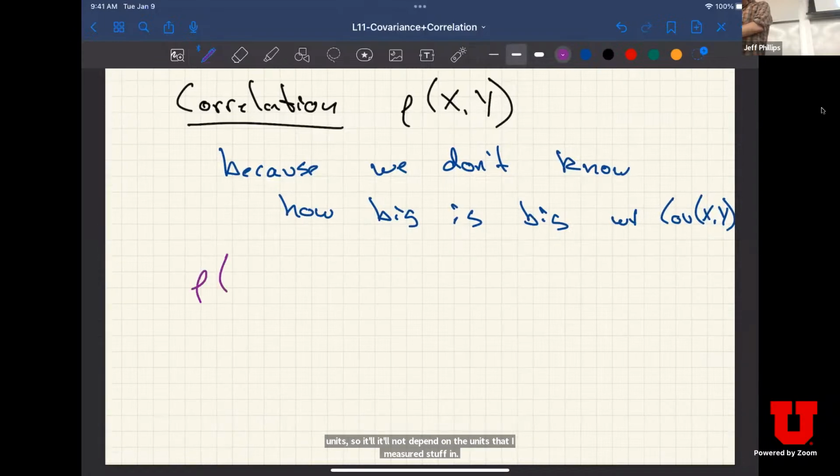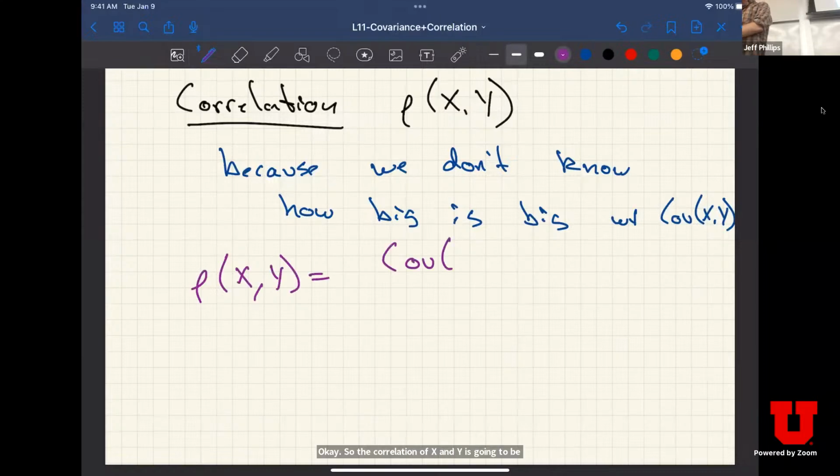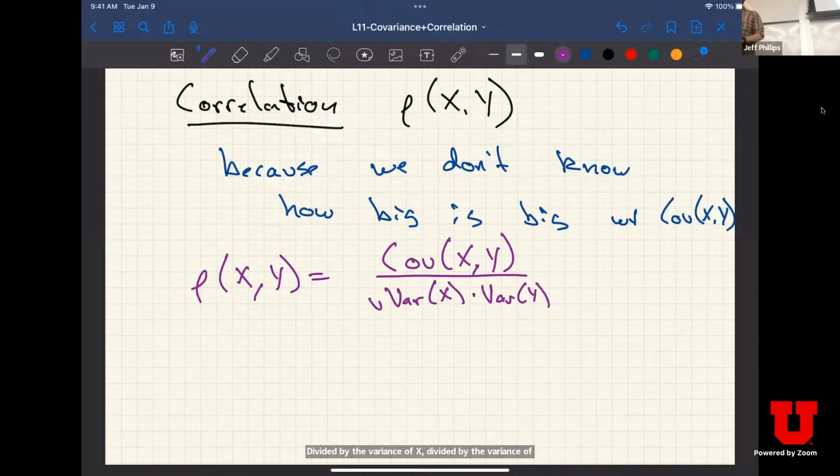So the correlation of X and Y is going to be equal to the covariance of X and Y, but I'm going to add something else. I'm not done yet, otherwise you probably shouldn't believe me. Okay, divided by the variance of X, divided by the variance of Y, square root.